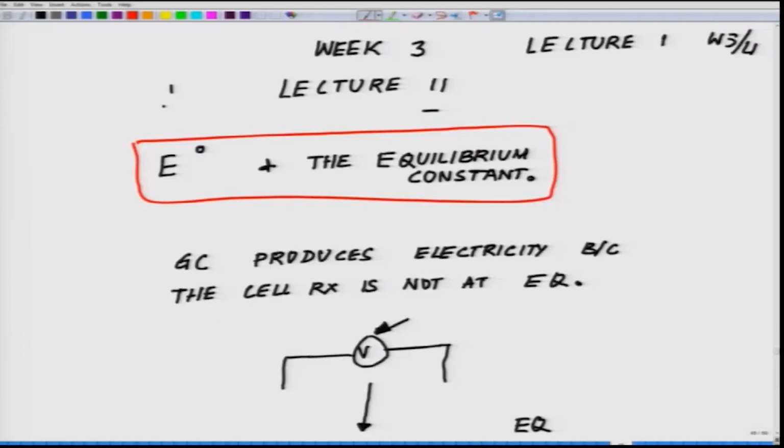The next thing I wish to establish is cell as chemical probe. So, here when we talk about the cell, we essentially mean the half cells as chemical probes. What does that mean? I am coming to that.